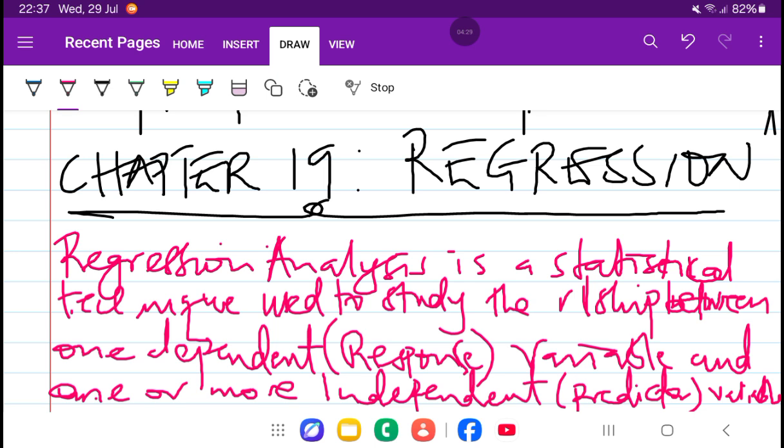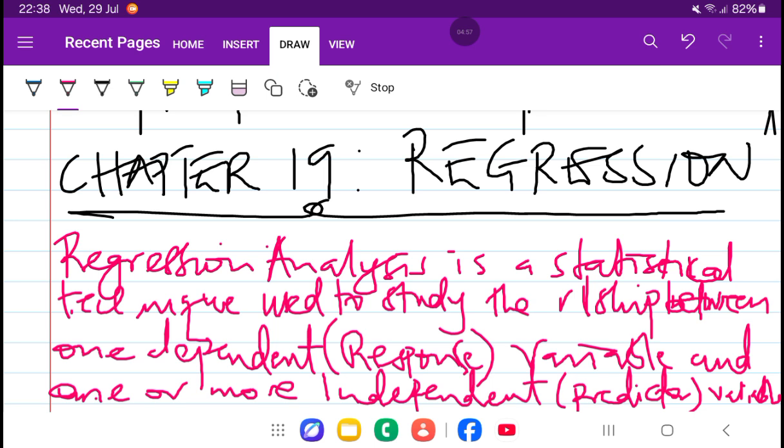Now, the whole idea is for us to focus on one dependent variable, but the independent variables can be more than one, the explanatory or the predictor variables.